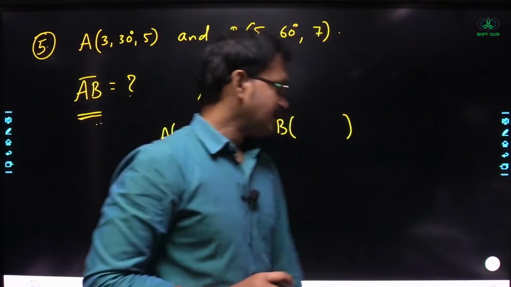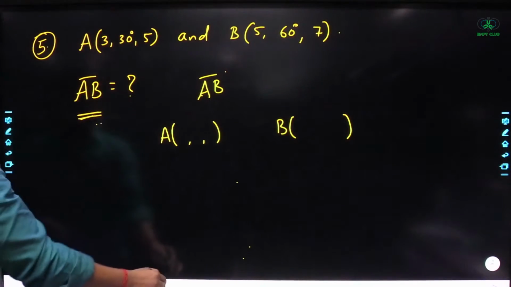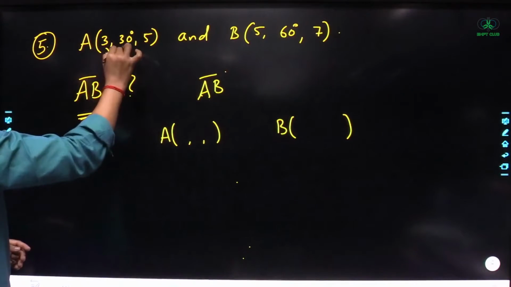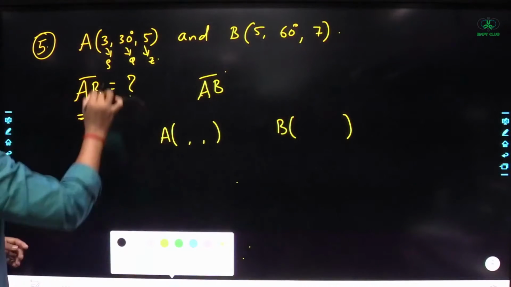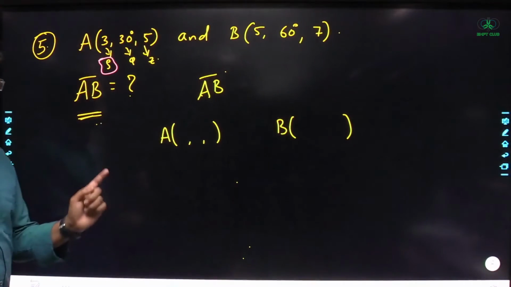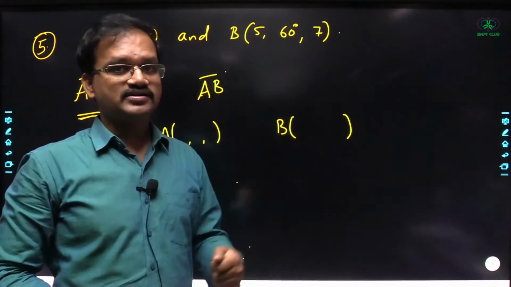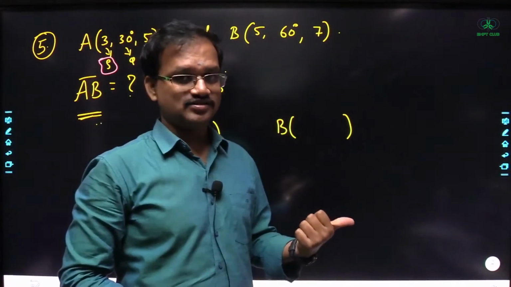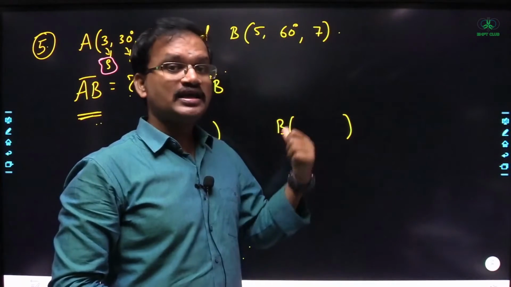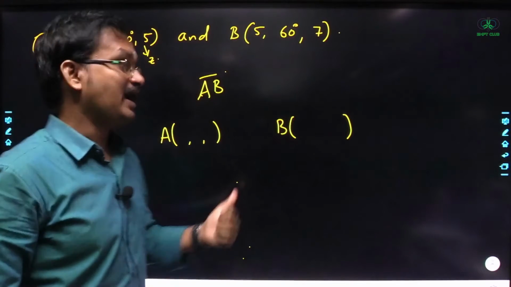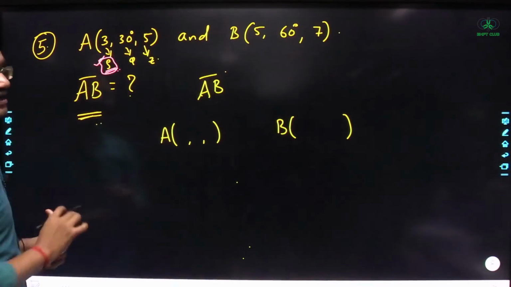Whereas in cylindrical coordinate system, this is rho, this is phi, and this is z. Rho is the normal distance from the axis of the cylinder, which is the z axis. So while measuring rho, the reference is the z axis.